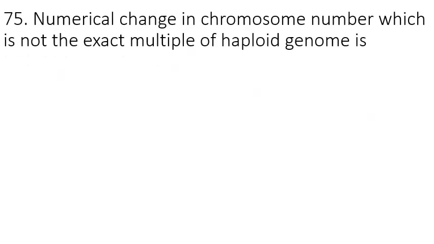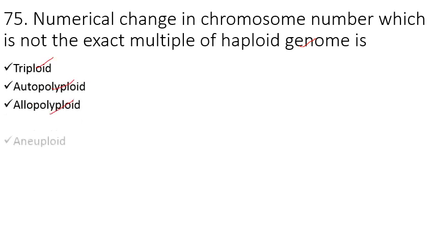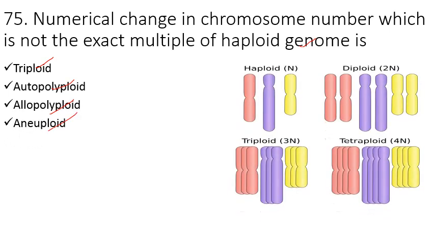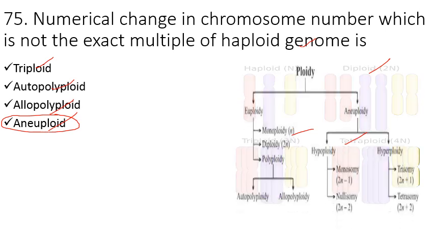The next question is: a numerical change in chromosome number which is not an exact multiple of the haploid genome is triploid, autopolyploid, allopolyploid or aneuploid. So its right answer is aneuploid. While in case of diploid, triploid or tetraploid, these are exact multiples of the haploid genome.